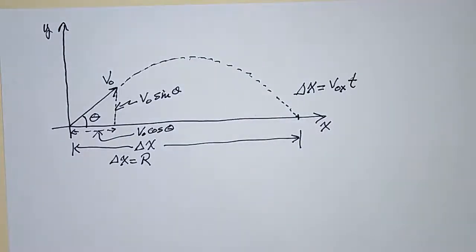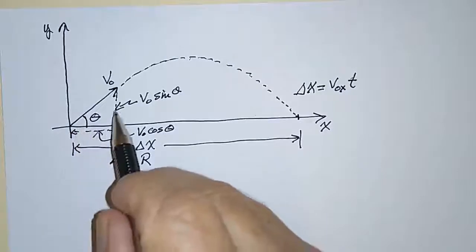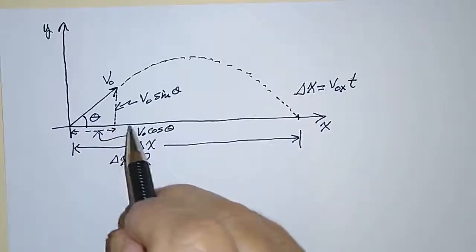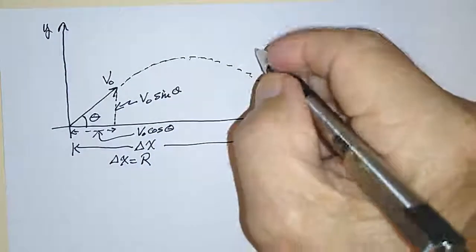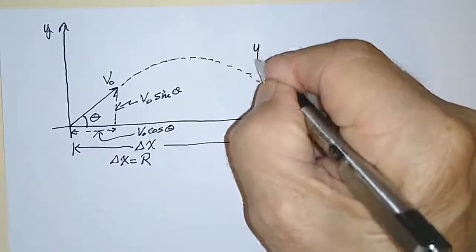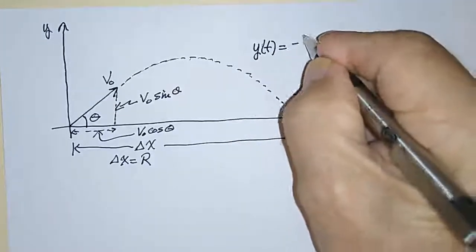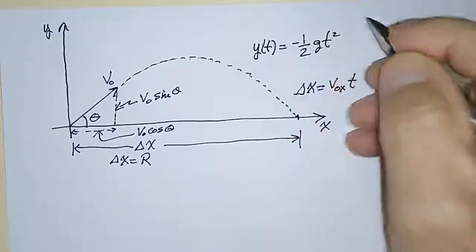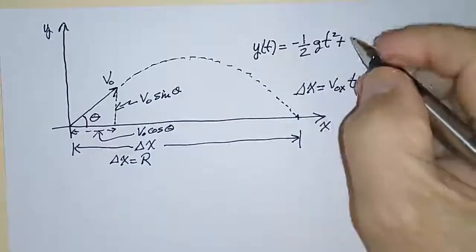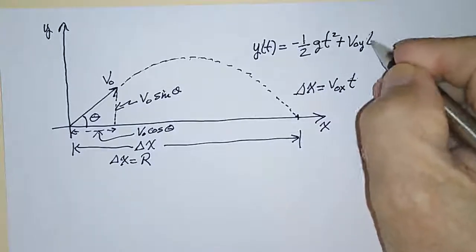And the way we can find out the time of flight is to write down the equation for what happens in the y direction. And what happens in the y direction is that the projectile goes up, comes back down. And we can describe that motion with this equation. y of t is equal to minus 1/2 g t squared plus v0y times t.